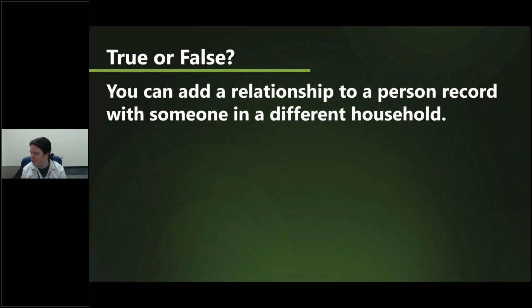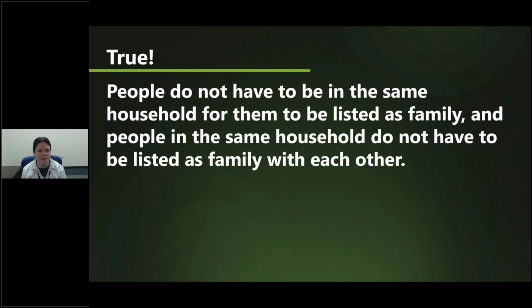So I'll go ahead and end that poll here. And that answer is true. That would make things very awkward if, the moment you move out, you're just no longer part of the family. That doesn't work in real life, so that doesn't work in the system either. So yes, you can definitely assign relationships, even if they are not in the same household. And by extension, you can have people in the same household, like roommates, without making any assumptions on marital or familial relationships. So very good on that.